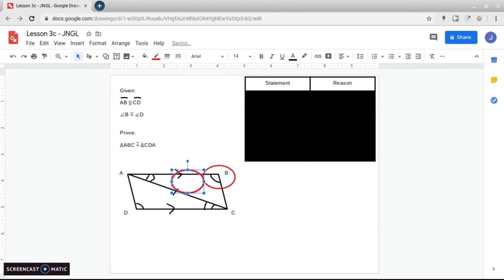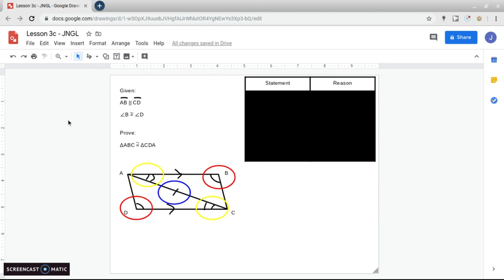We need to prove these red angles are congruent. All we have to do to prove them is just say that they are congruent in the table. But then also these, and then also these. It looks like one, but it's really two angles, because this is two triangles. So those are the things we need to prove.